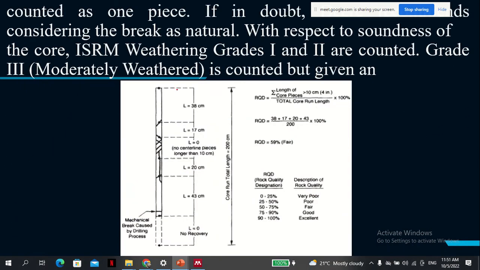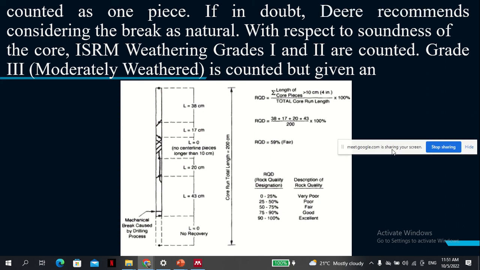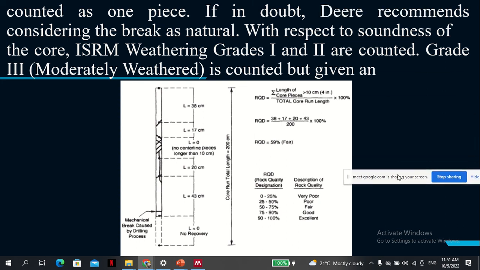Because you're using a machine, sometimes there might be some breakage. If you're sure the breakage has been caused by the drilling action, then you should count that as intact. However, if in doubt, then you should assume that it has been broken by natural process, in which case the result would be conservative but safe.